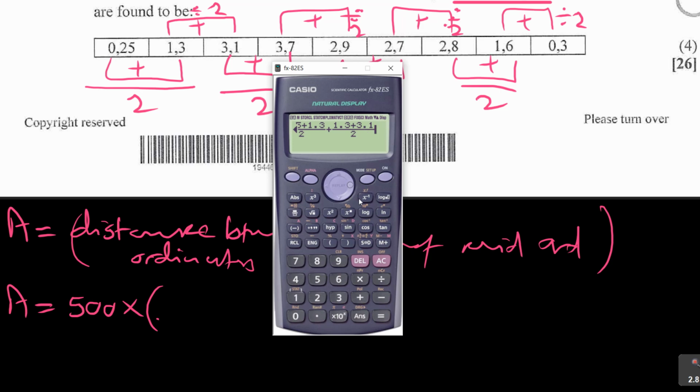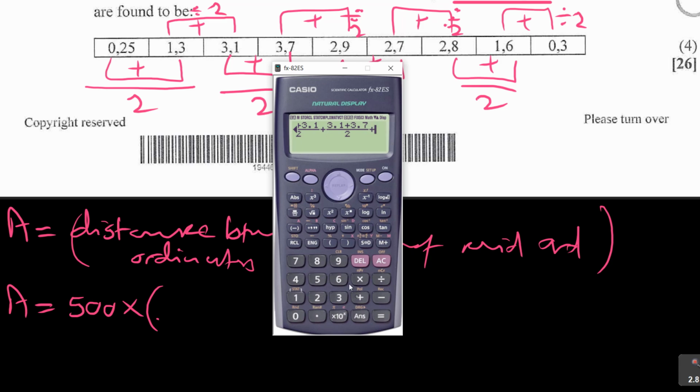Are you seeing that? Plus, you always repeat: after 1,3 plus 3,1, now it is 3,1 plus 3,7 over 2.